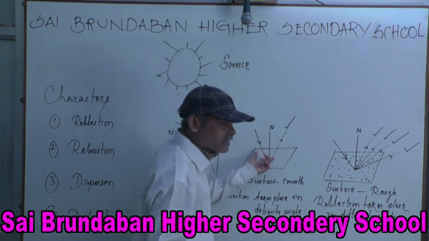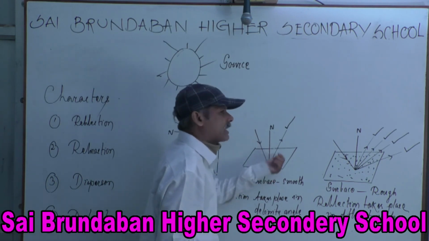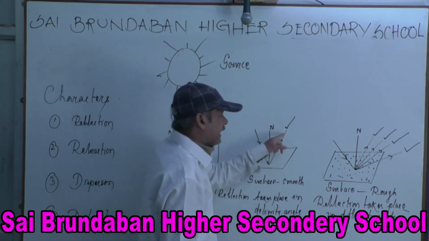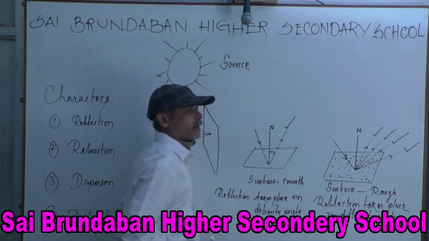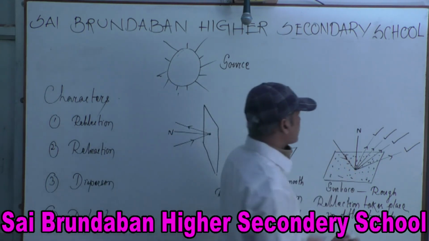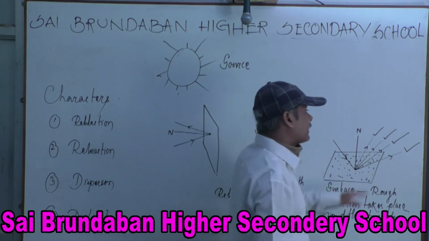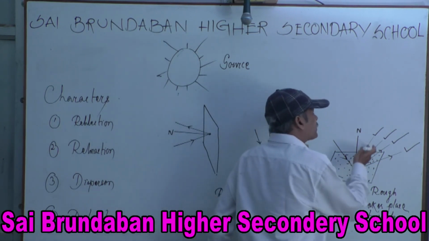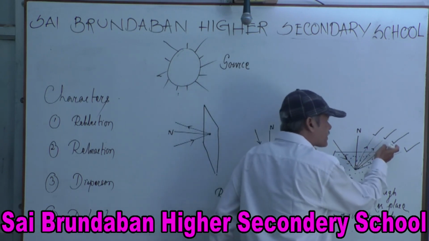These two paths are the traced path of the incident ray and reflected ray. Here it makes a definite angle with the normal. But in this case, you cannot define whether the reflected ray moves through this track or this track or this track.